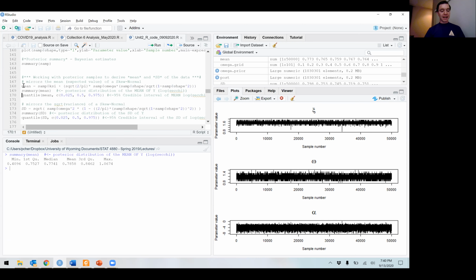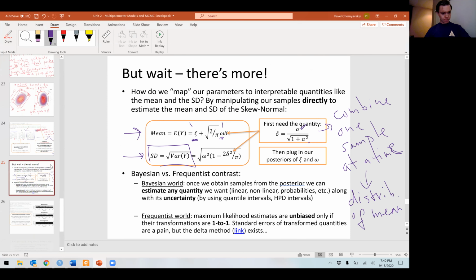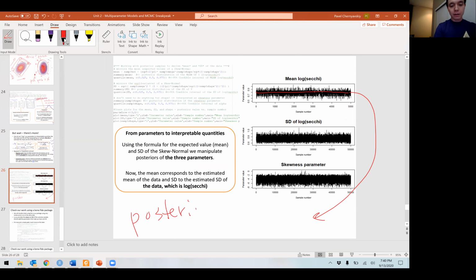I can now find its median, right? So this right here, call it the posterior median, typical value in the posterior of the mean of y.